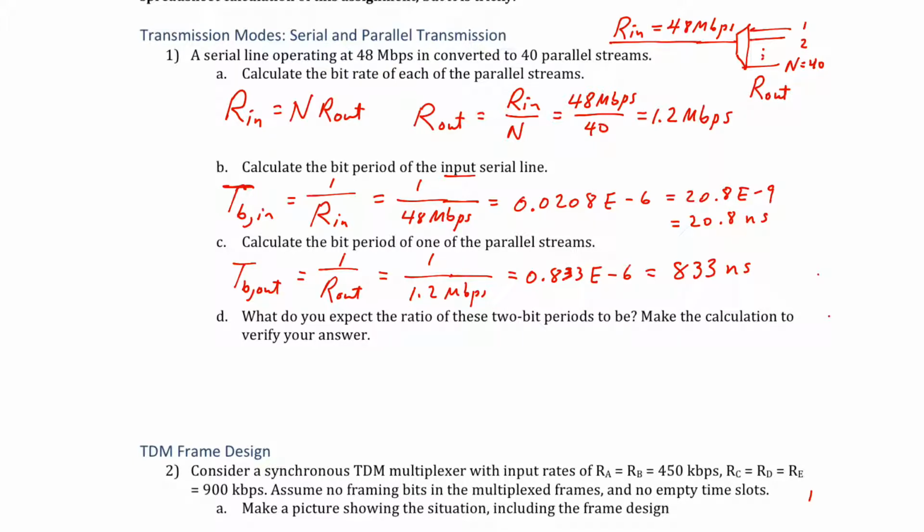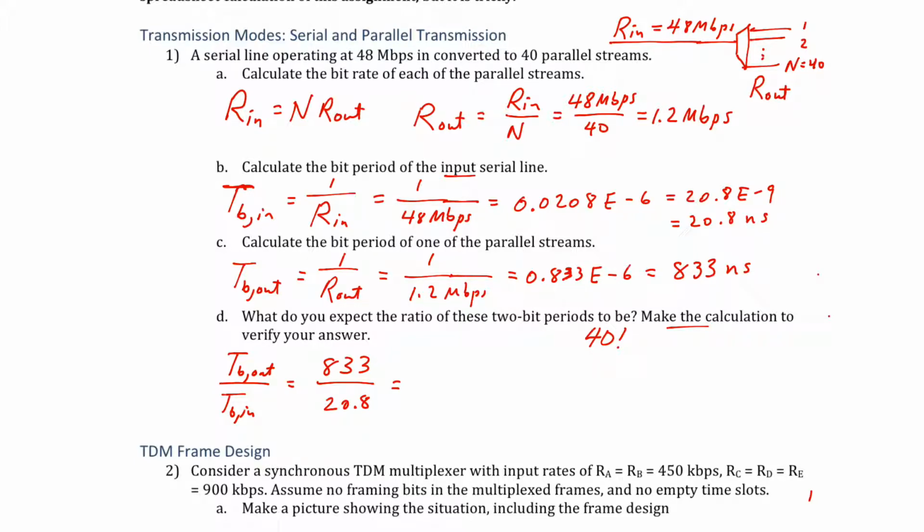If I want to calculate that ratio, what do you expect the ratio of these two bit periods to be? We expect it to be 40. Let's make the calculation to verify your answer. I'm going to take T B out over T B in, and just go ahead and calculate 833 divided by 20.8, and I expect to get 40.